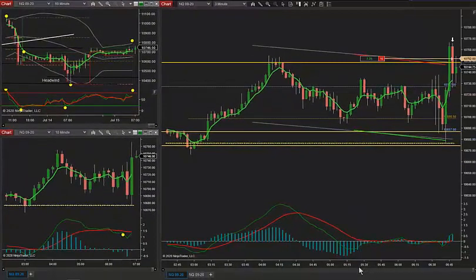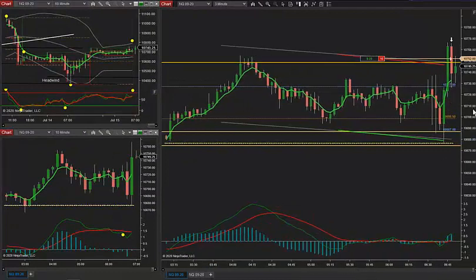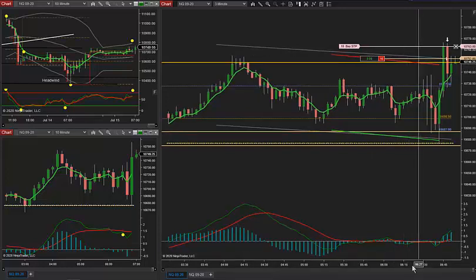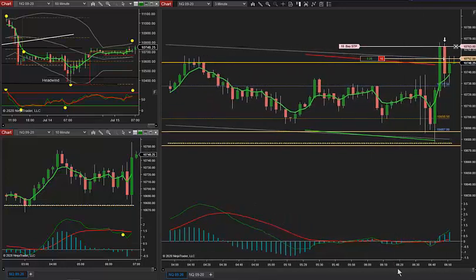It won't work every time, just like nothing in trading works every time, but you can use it as a tool to help you quantify your risk and reduce your risk. I expect that this stop will probably be knocked out, but that's okay.